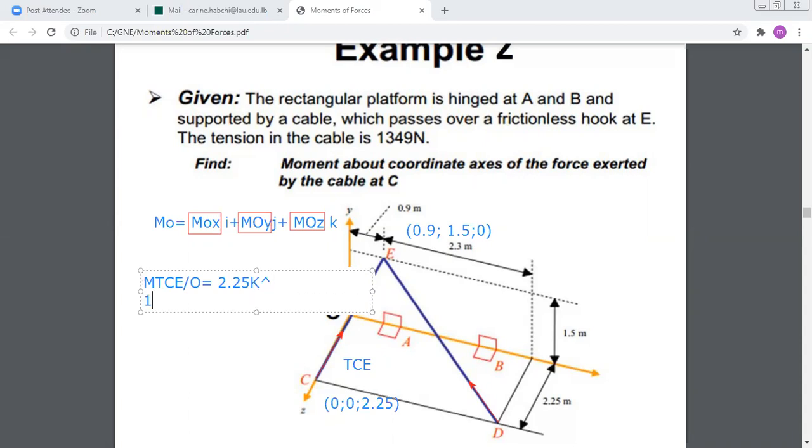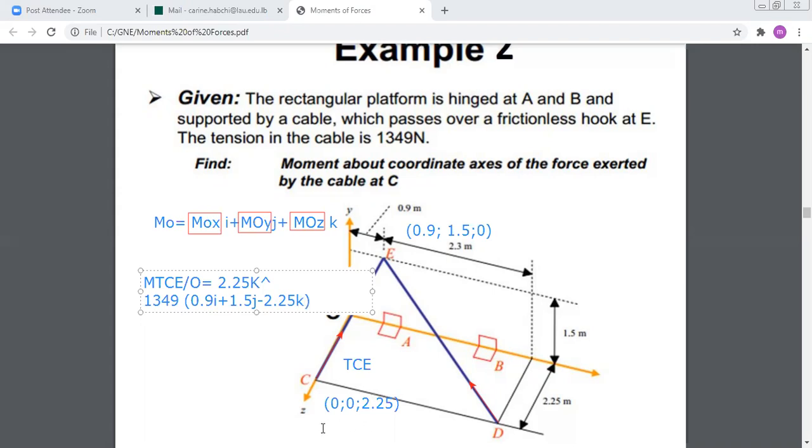Okay, so I take the magnitude 1349 times the unit vector CE. What is the unit vector CE? I have 0.9 along I, 0.9 minus 0, so it's 0.9 I. And along J, I have 1.5 minus 0, so plus 1.5 J. And along K, it's 0 minus 2.25, so it's minus 2.25 K.